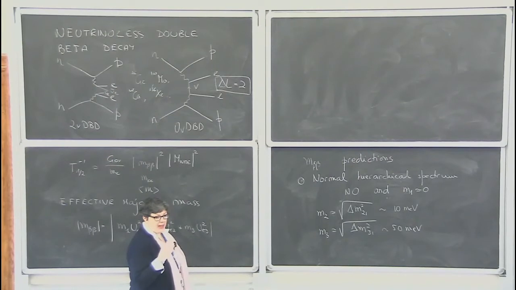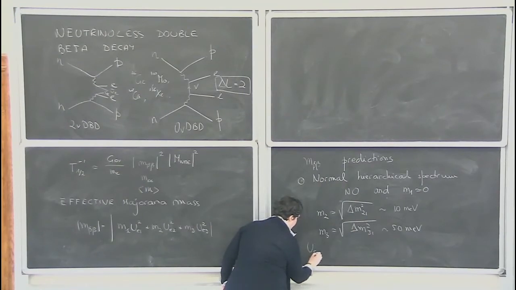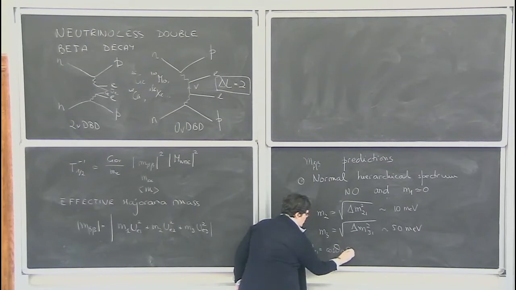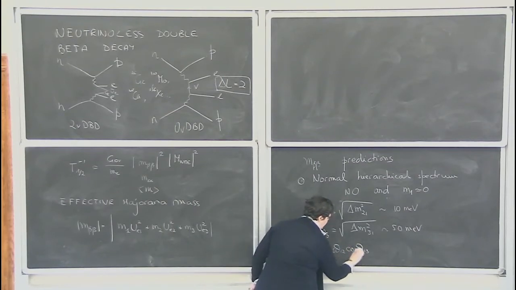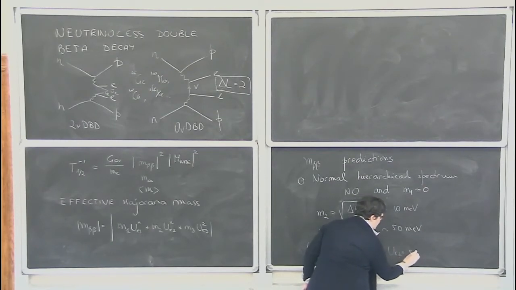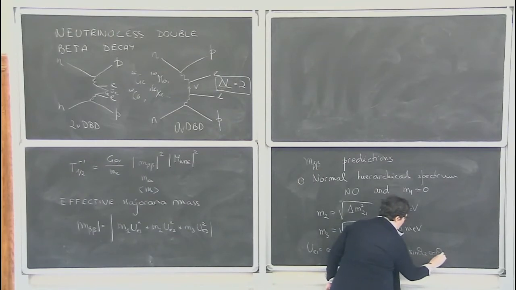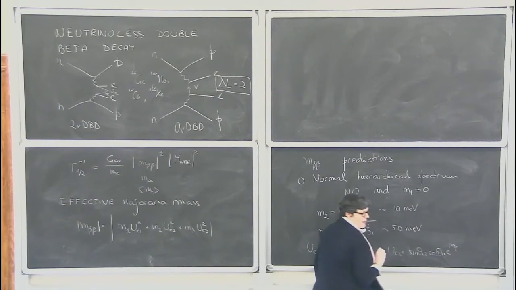Then from the first lecture, you remember the parametrization of the elements of the mixing matrix in terms of the angles that we have measured. So you remember that U_E1 is cos theta 1,2 cos theta 1,3, and U_E2 is sine theta 1,2 cosine theta 1,3, and then there will be a phase, alpha 2,1 over 2. This is the Majorana phase.